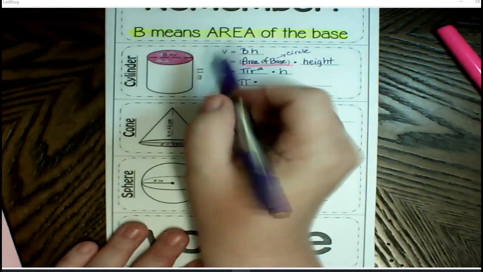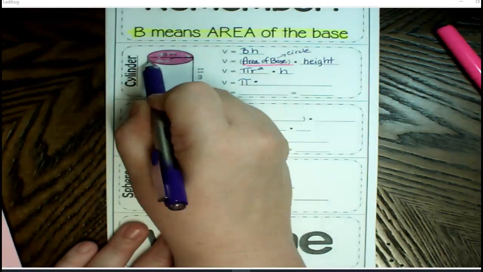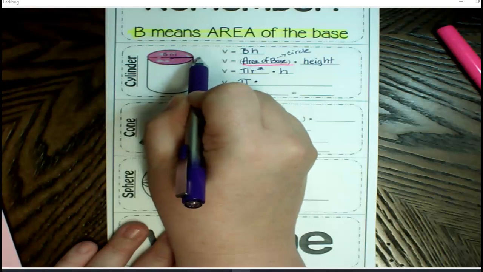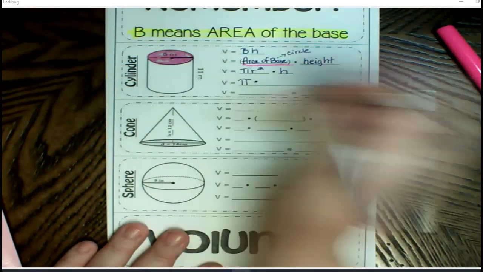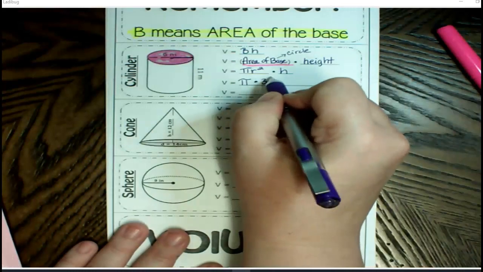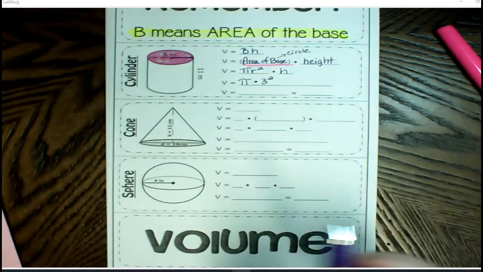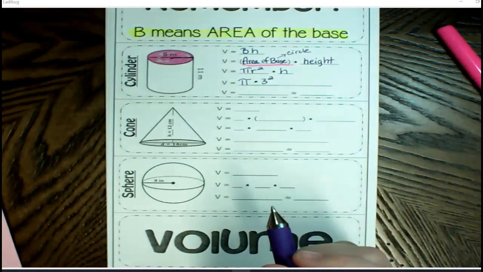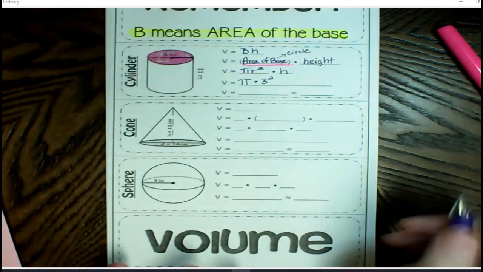Radius is from the center to the edge. It's halfway across. Diameter is the whole way across. So if my diameter is 6, what's halfway across? 3. So 3 squared. And the way that I always remember that, radius is the shorter word, so it's the shorter line on my circle. Diameter is the larger word, it's the larger line on the circle.